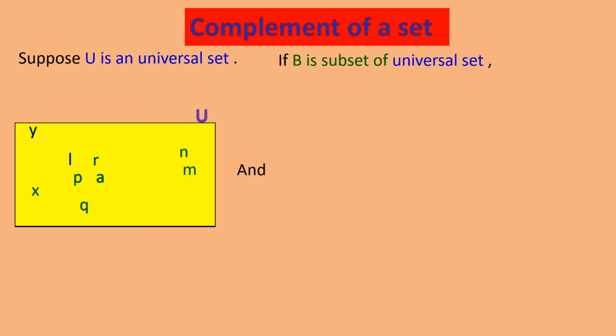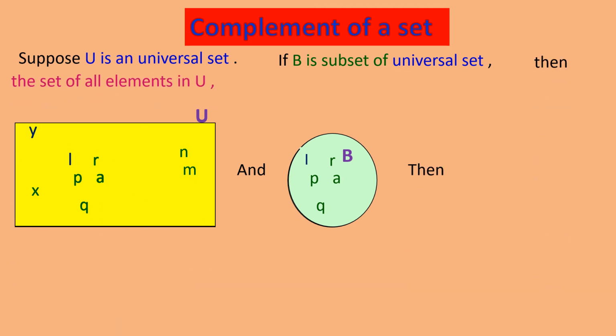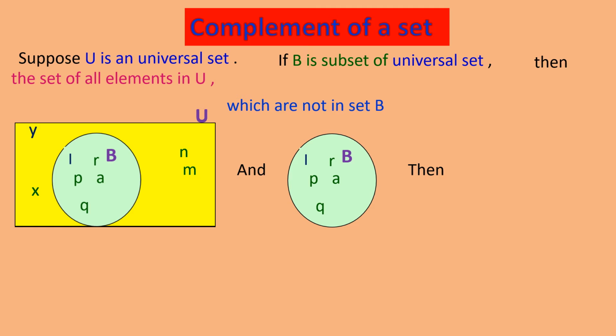And if B is a subset of the universal set, then the set of all the elements of U which are not in set B, to be more precise, say elements X, Y, N and M are there in set U but not in set B, then it is known as the complement of set B.